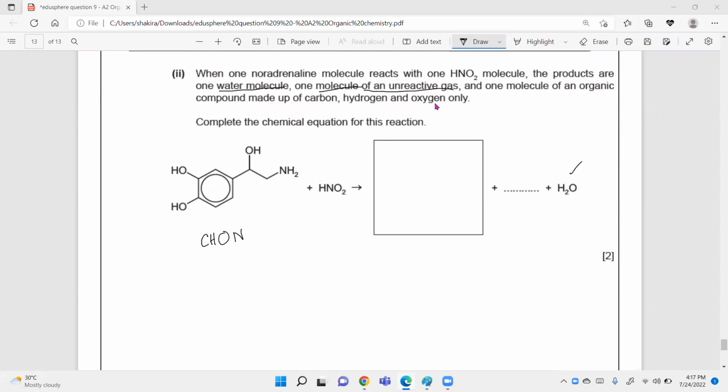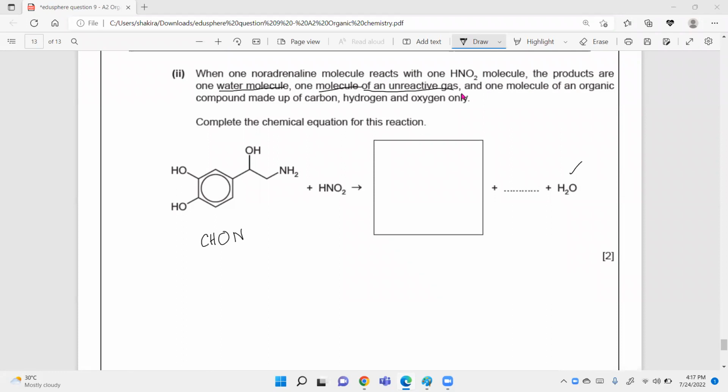Let's start this work again. The noradrenaline molecule reacts with an HNO2 molecule, nitrous acid. The products are one water molecule, so I wrote the water molecule here, and one molecule of an unreactive gas.